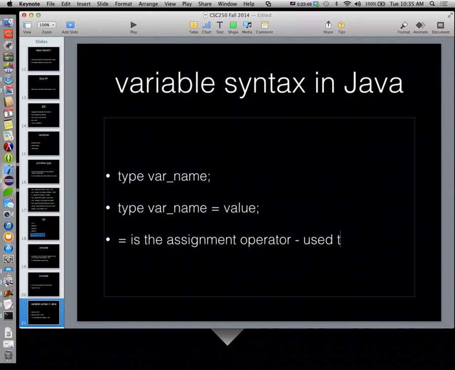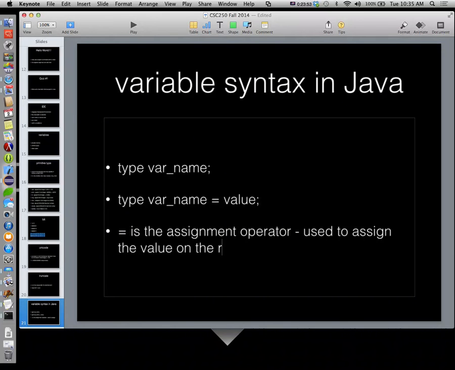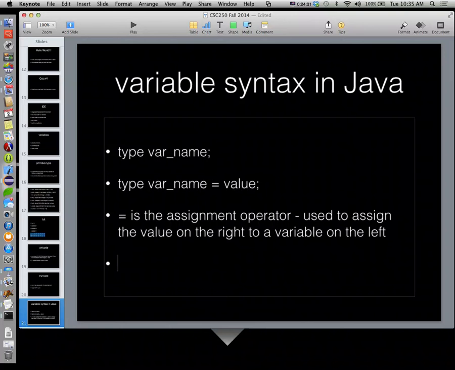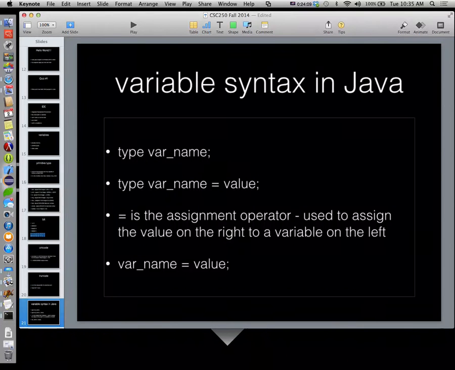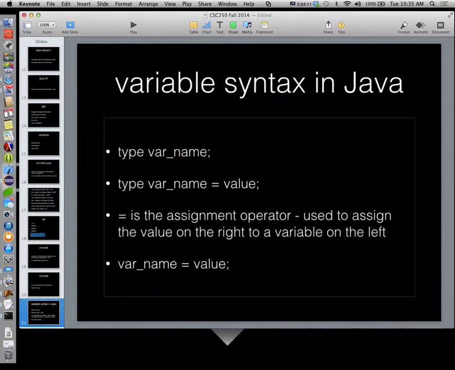It's used to assign the value on the right to a variable on the left. That's an example of the use of the assignment operator.